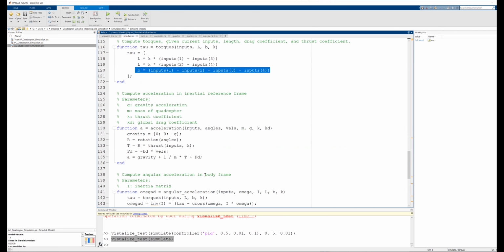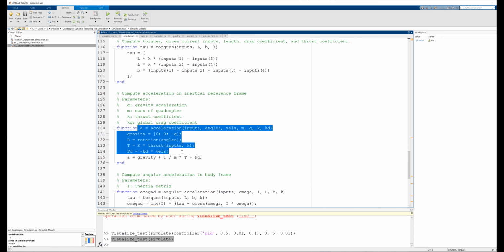The next part is the function acceleration. Please note, and I want you to look at this equation very, very carefully. This is the second set of equations. X2 dot is equal to 0, 0, g plus 1 over m R times T plus 1 over m Fd.